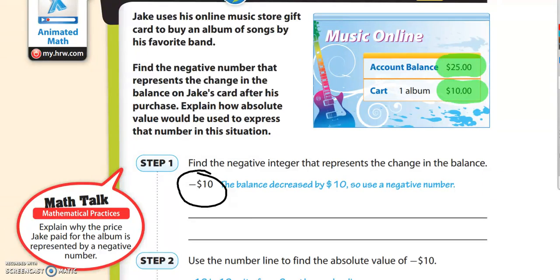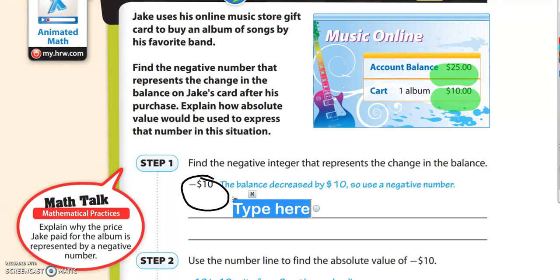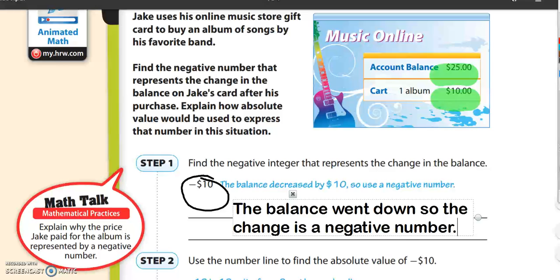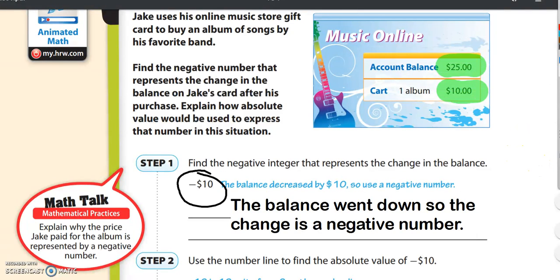The balance went down. So the change is a negative number. It's negative because the balance went down. So that's that line. Let's go ahead and move down now.